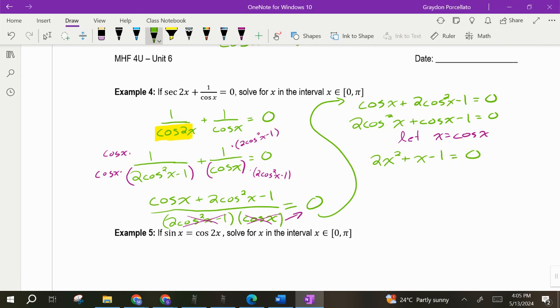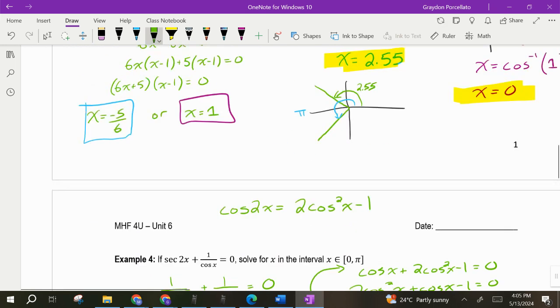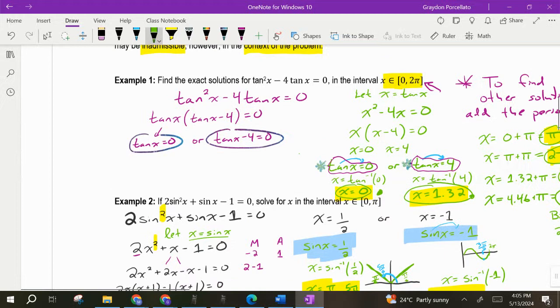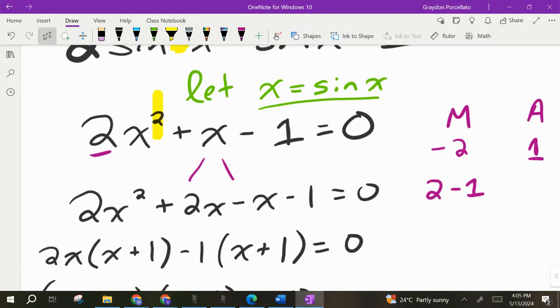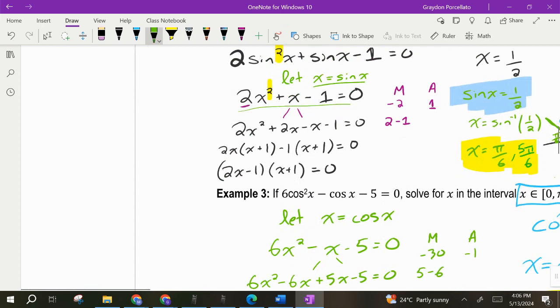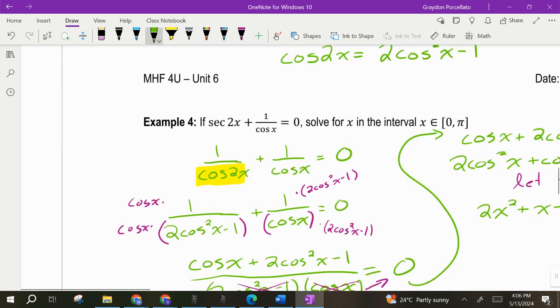If you notice this from earlier, we factored that earlier. So I'm just going to scroll up a little bit to show you that. Okay, we factored that same thing right here. I'm just going to use what I did from before. I know what that factors to.